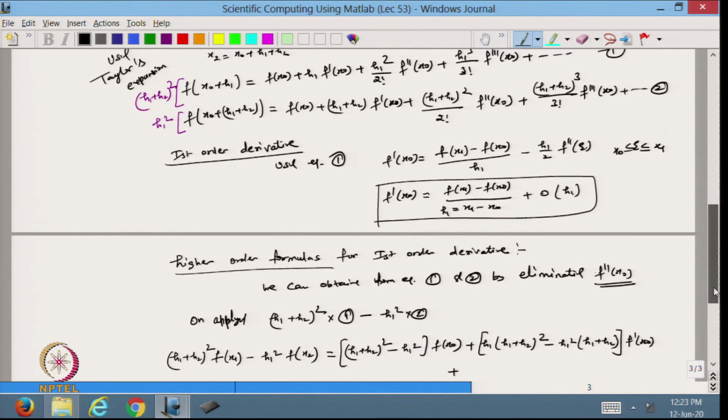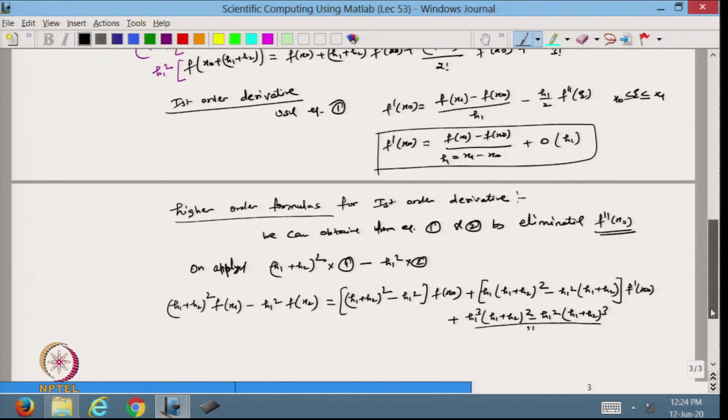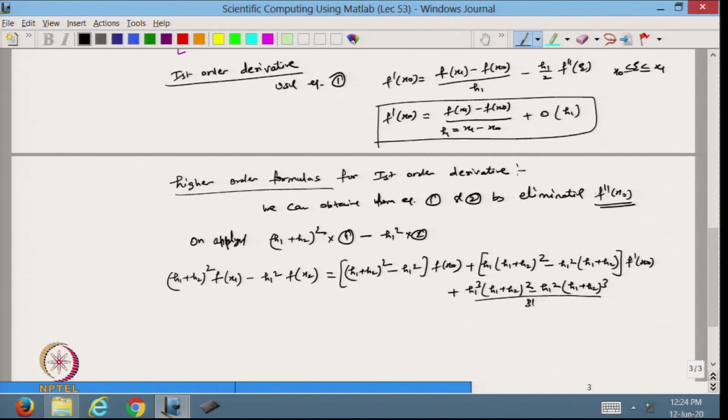So, the next term will be h1 cube into (h1 plus h2) square minus h1 square (h1 plus h2) cube, divided by 3 factorial, into f triple dash x naught.